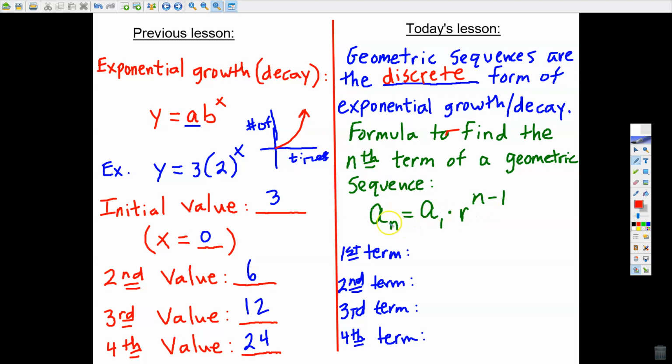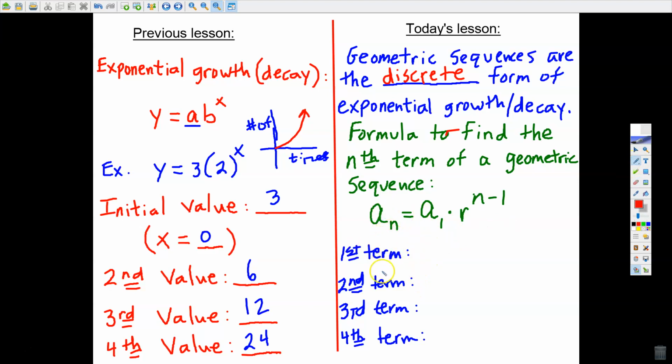This will help us find it. There is no such thing as a 0th term. The terms start with the first one, and then they continue on for however long the particular sequence is. And we're dealing with finite sequences, so they do have a definite ending point. So maybe the sequence starts with the first one and ends with the 19th one. This formula helps us find any of those without having to actually do the multiplication and come up with the list.